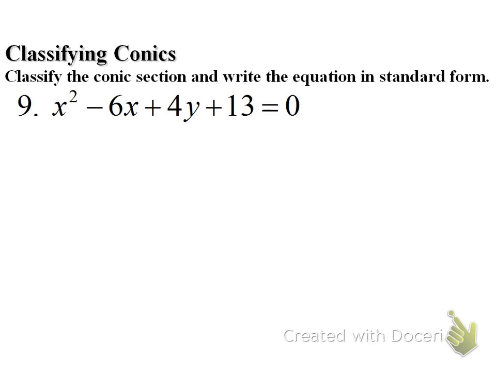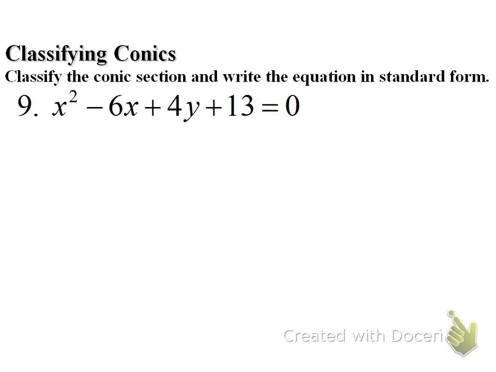All right, some of you might just be able to tell, but we'll go through the process anyway. What is b squared? What's b? B is with your xy term. So do we have a b? B is 0. So 0 squared minus 4 times, what's with your x squared term? 1.